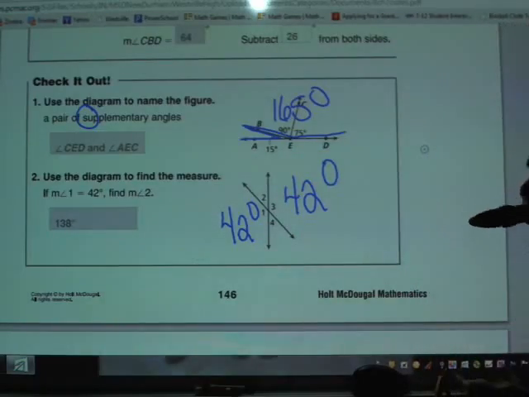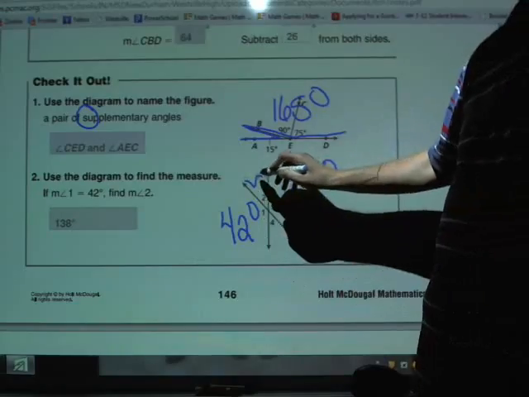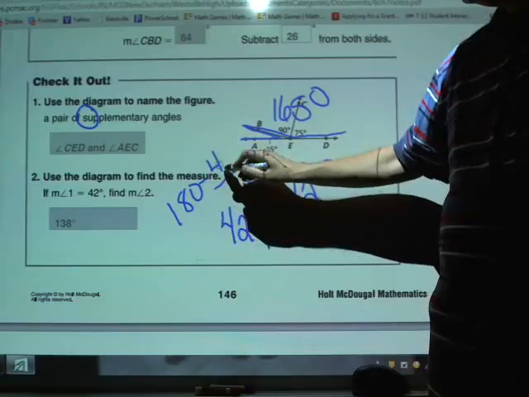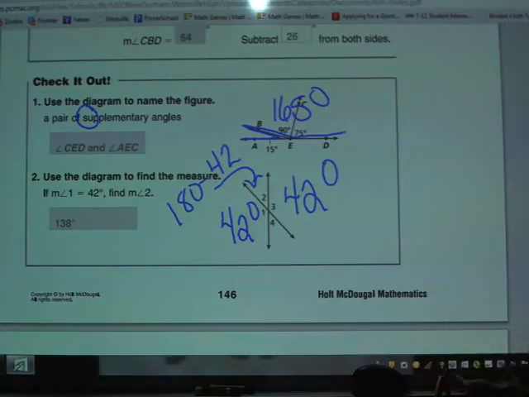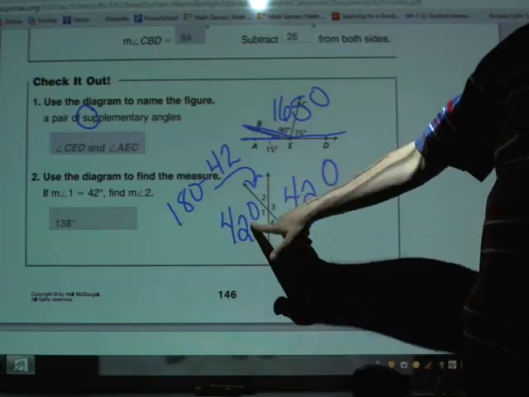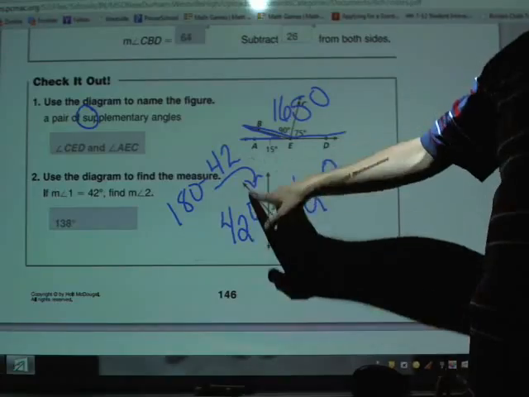Or in other words, simply 180 minus 42. When I do 180 minus 42, I get 138. And indeed, you can see that matches the answer on the board. This angle here has to be 138 degrees to match this 42, which makes a line.